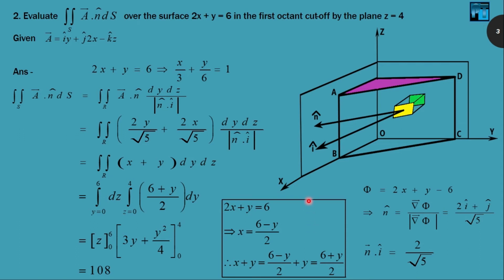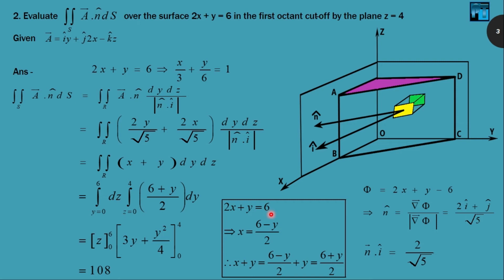Clear? Put 0 for the variable which is not present in your expression. Here x is not present, so we can put x equals 0 to determine the limit of y. What if y is absent? Then we put y equals 0 to get the lower and upper limit of x.